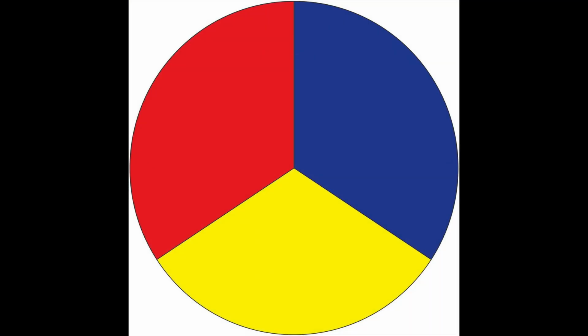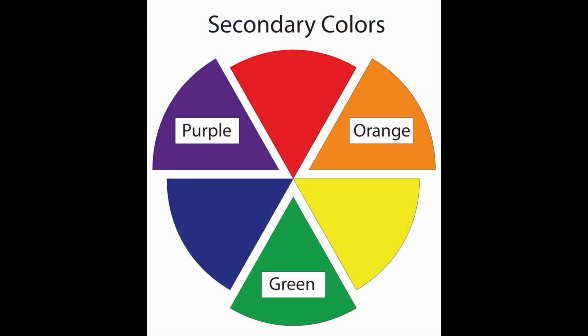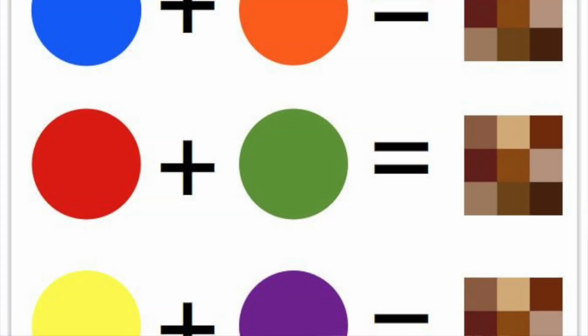Primary colors are the three main colors: yellow, blue, red. They can be combined to make secondary colors. Any two primary colors blended will make a secondary color. So blue and yellow make green, yellow and red make orange, blue and red make purple. So purple, orange, and green are secondary colors.